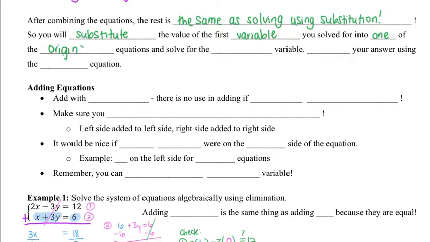This is really important to stress, that original, because in the next section, we're going to do stuff to the equations first before we add. So always plug into the original equation after you've solved for one of the variables, and solve for the second variable. And then check your answer using the other original equation again.